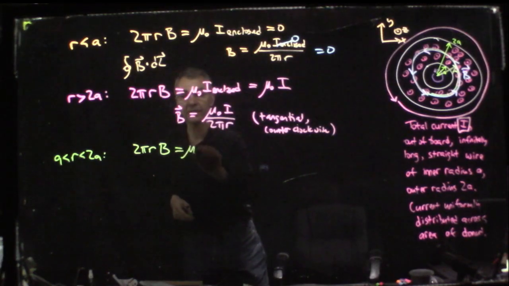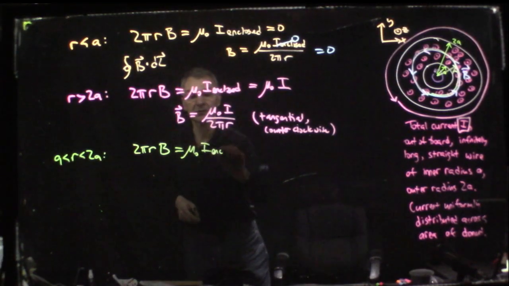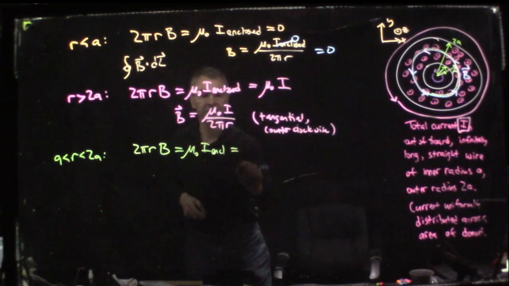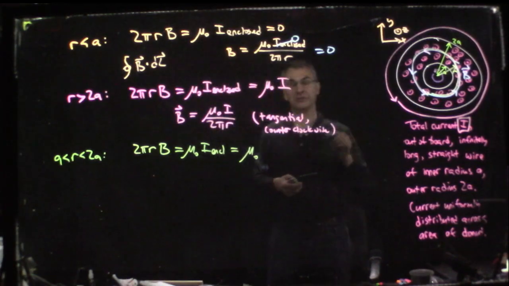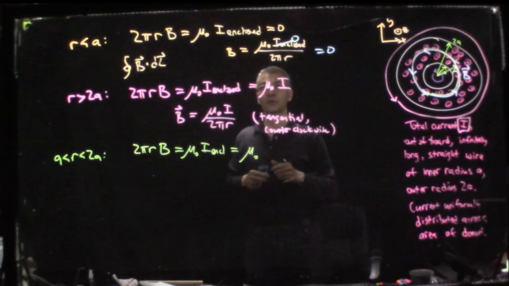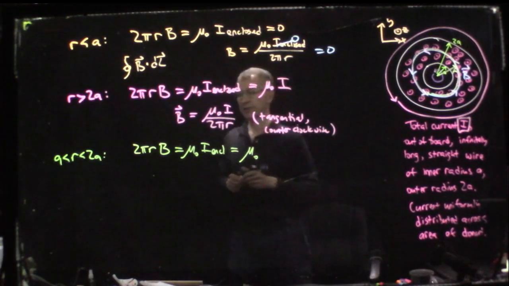So this is mu naught times I enclosed. Now, this is a little bit trickier. What is I enclosed for that region in between?